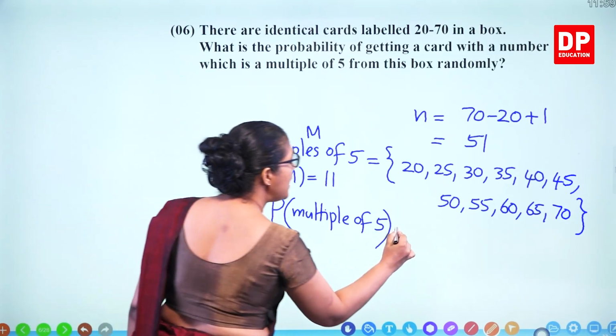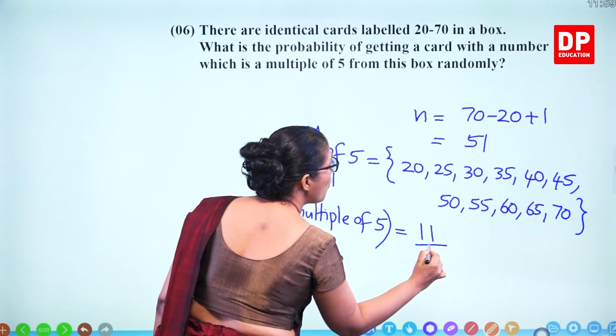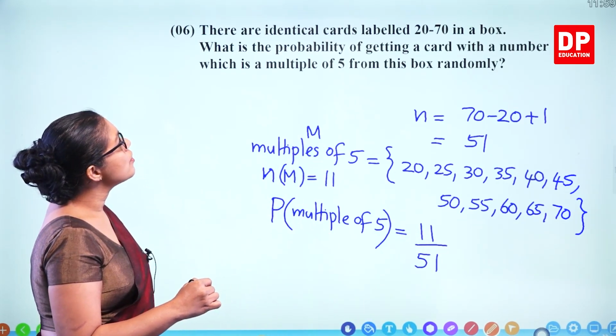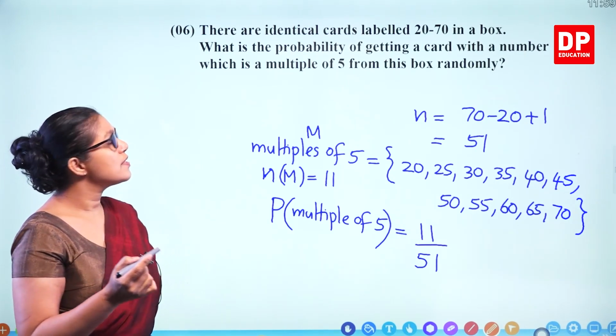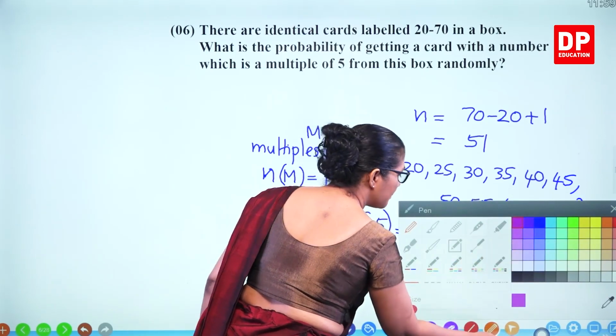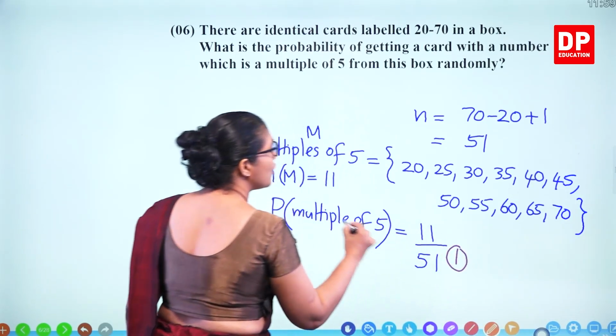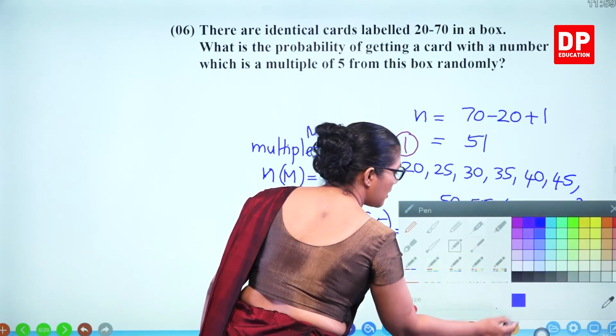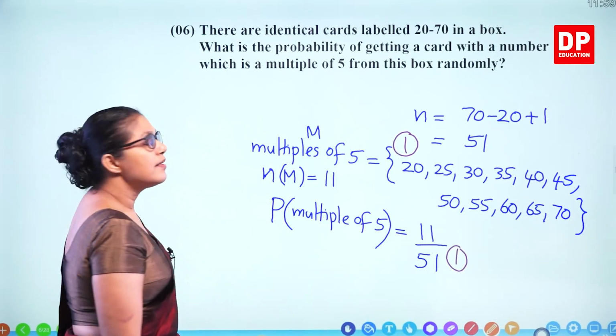So what's the probability? 11 over 51. So that's the probability of getting a card with a number which is a multiple of 5. So 2 marks. 1 mark for the answer and 1 mark for identifying the total number and the multiples of 5.